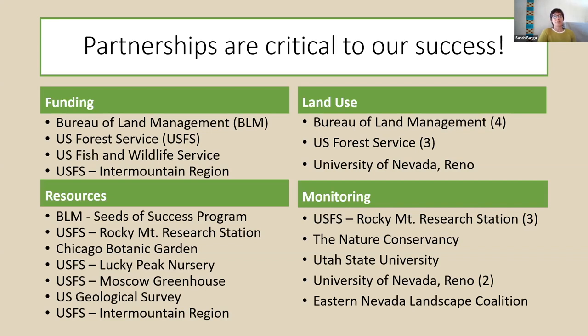We had 4 gardens on Bureau of Land Management property, 3 on Forest Service land, and 1 on academic property at the University of Nevada, Reno. And we had monitoring help from the Nature Conservancy, Utah State University, and the University of Nevada. And in the future, we're going to be putting a garden in the Ely area, where we will be partnering with the Eastern Nevada Landscape Coalition.